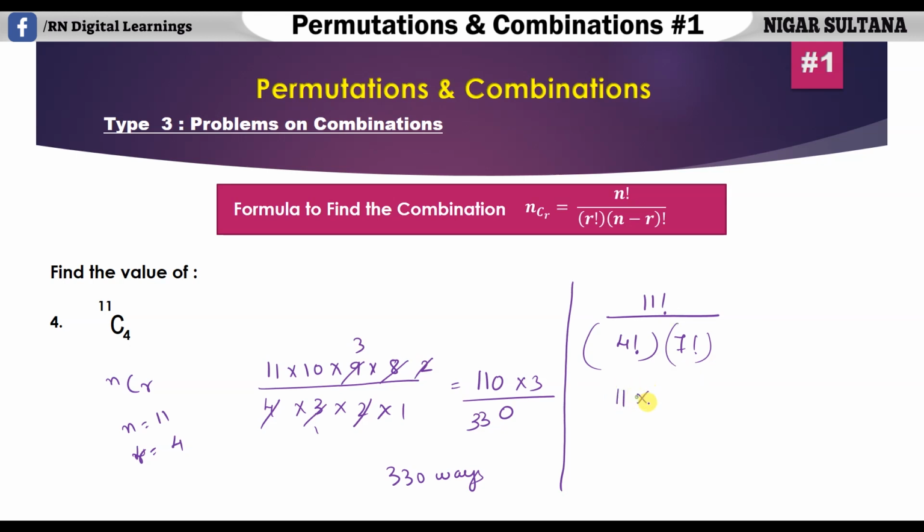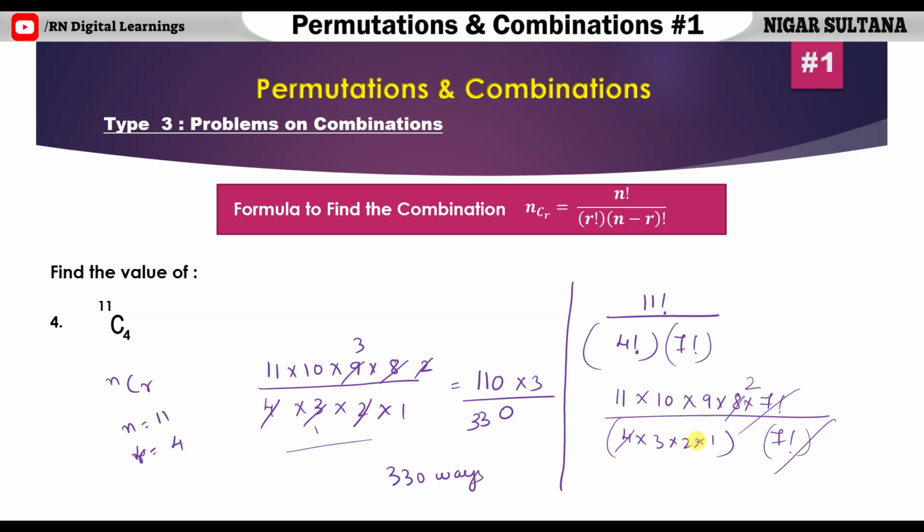So let's expand this: 11 into 10 into 9 into 8 into 7 factorial, divided by 4 into 3 into 2 into 1, and this is also 7 factorial. 7 factorial gets cancelled. 4 ones are 4, 4 twos are 8, this 2 gets cancelled, again 3 ones are 3. 11 into 10 into 3 will give you 330. So this is the value of 11C4, that is 330.